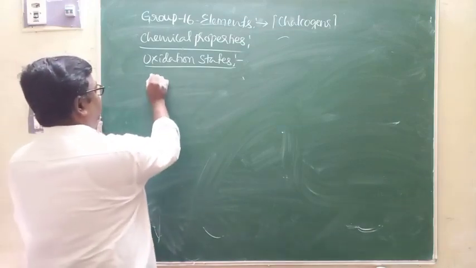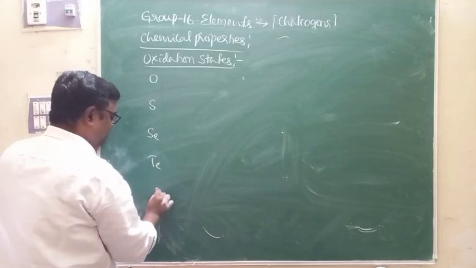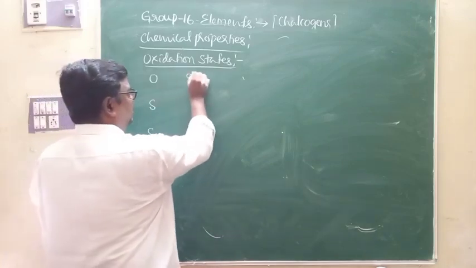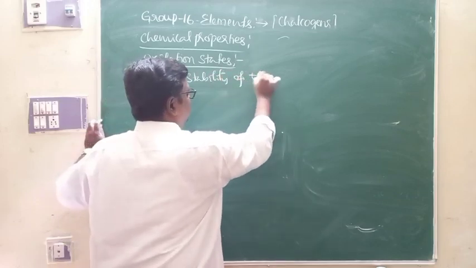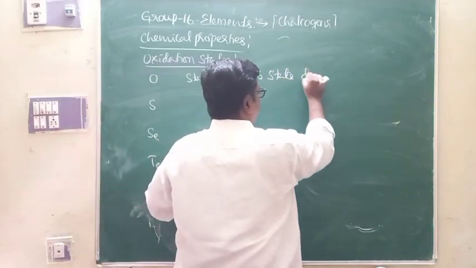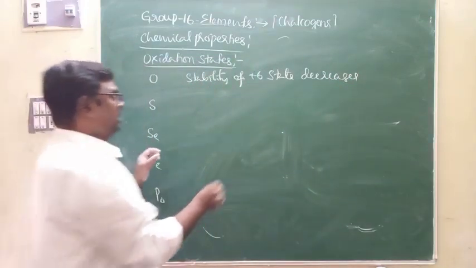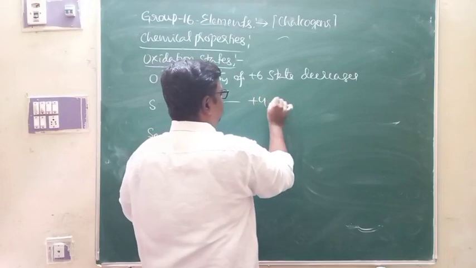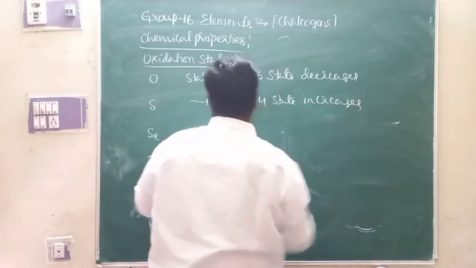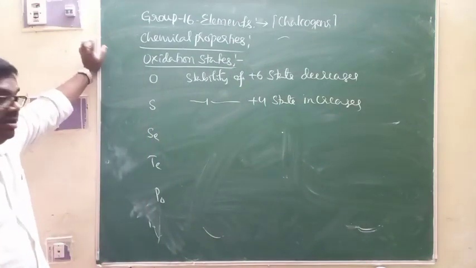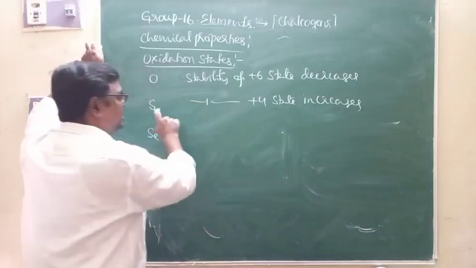Out of these two, if I move from oxygen, sulfur, selenium, tellurium and polonium, the stability of +6 state decreases and the stability of +4 state increases.